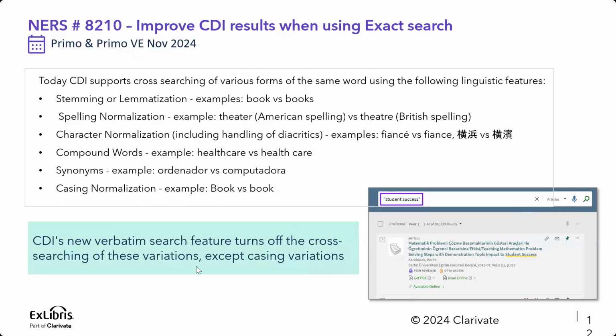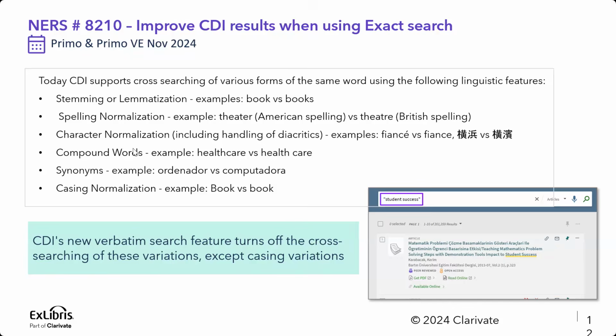Now, with this enhancement, the verbatim search will disable all of these features and will retrieve results that exactly match what the user searches, without any of those enhancements that we shared. All but the case variation, so the capital letters we are not excluding here.